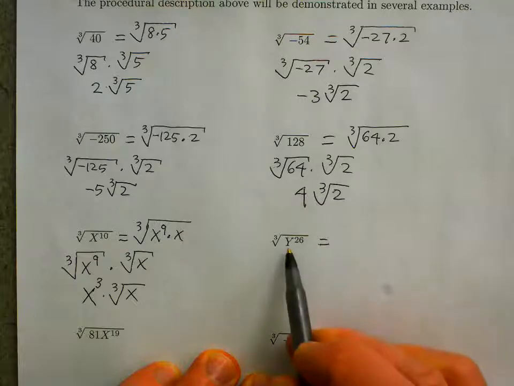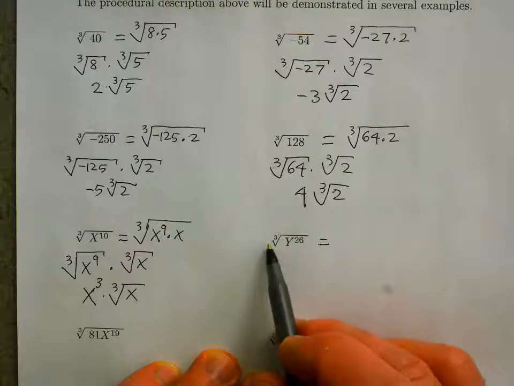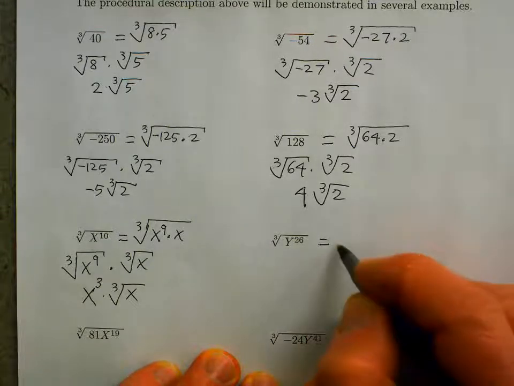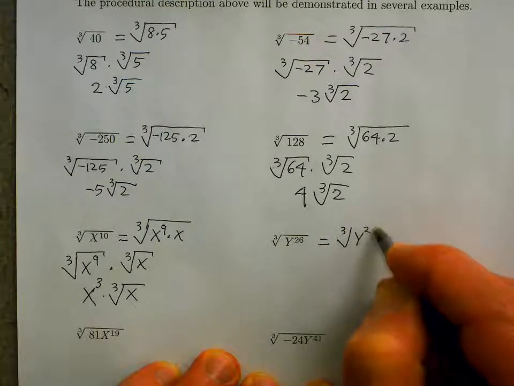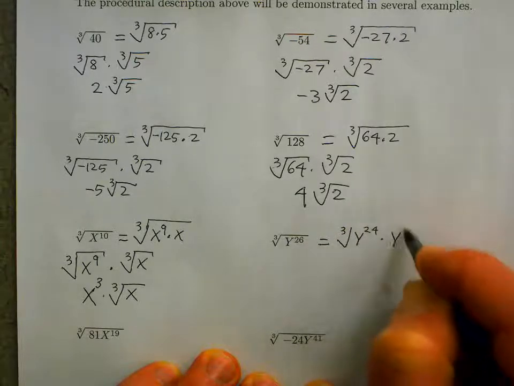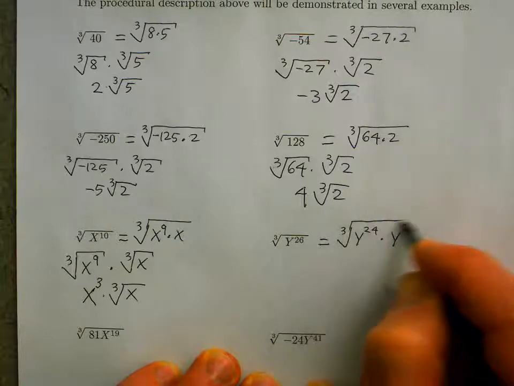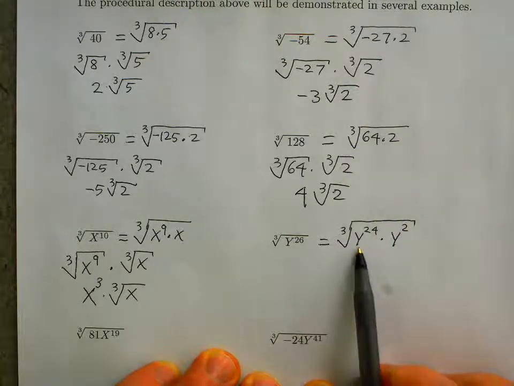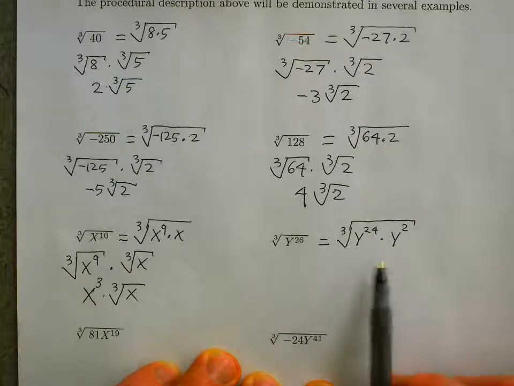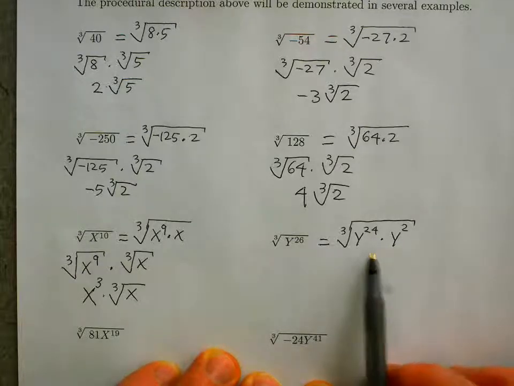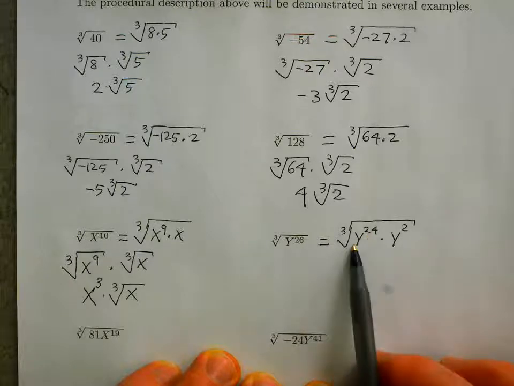So y to the 26th is equal to y to the 24th times y to the 2nd. So we rewrite the cube root of y to the 26th as the cube root of y to the 24th times y to the 2nd. We know that y to the 24th times y to the 2nd is y to the 26th. But we want this because y to the 24th is a perfect cube.